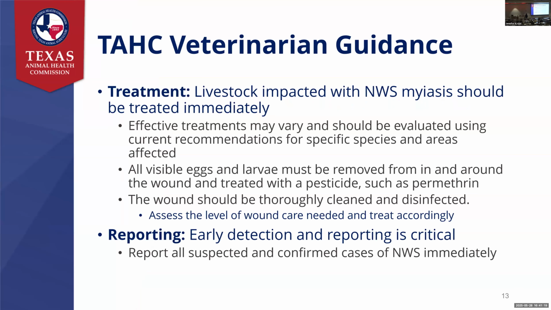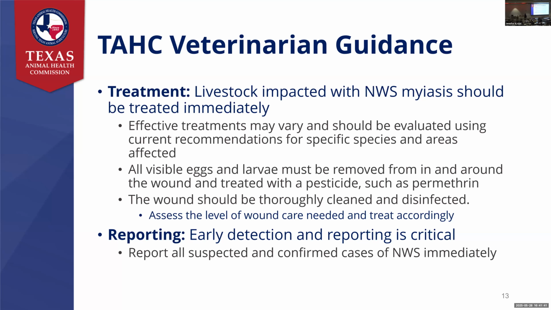When we talk about treatment of livestock wounds and myiasis, I can't stress enough that without sterile flies to distribute, treatment of these wounds and the larvae in them is very important.